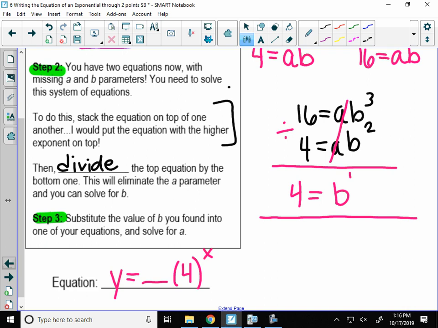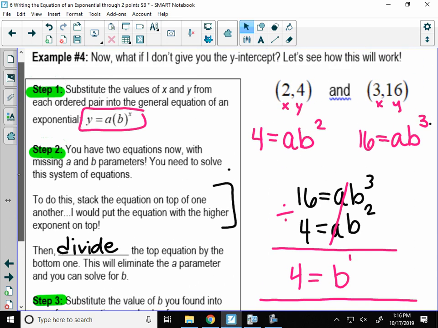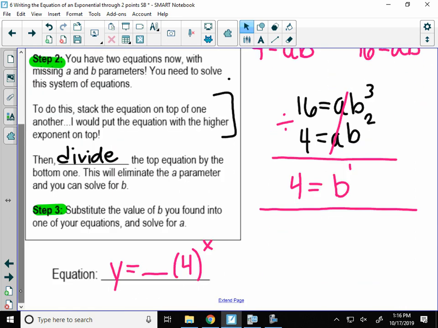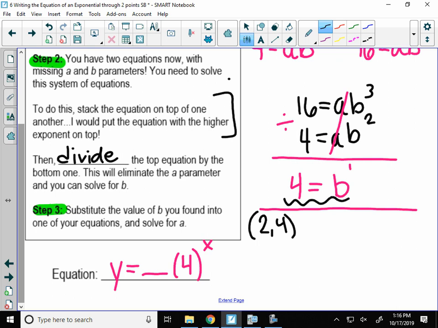So what we're going to do is very similar to what we did at the top of the page, or the front of the other page. Plug that along with one of your points in. Which point do you like better? 2, 4. Okay, so let's use 2, 4, and this b in our general exponential equation to solve for a.